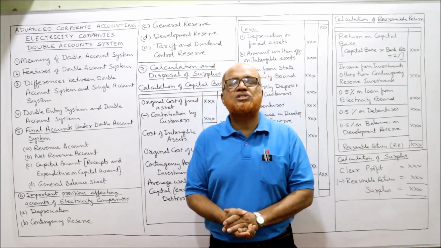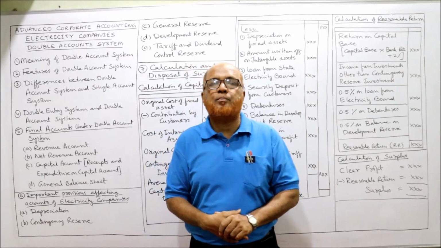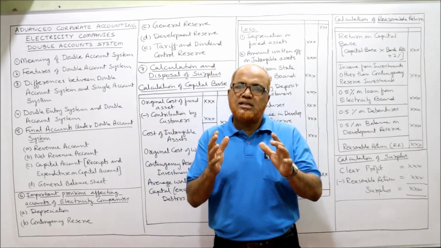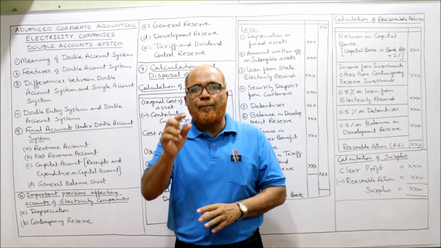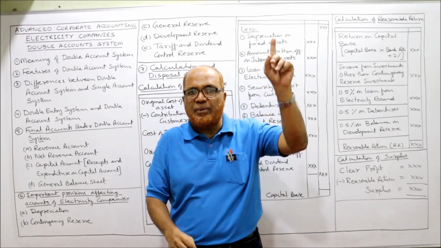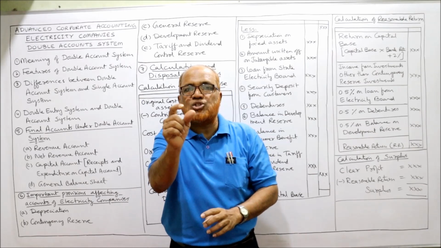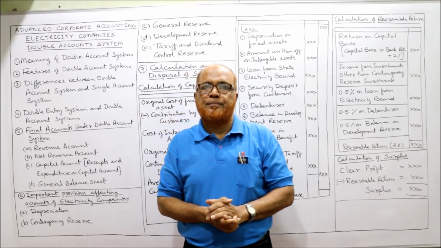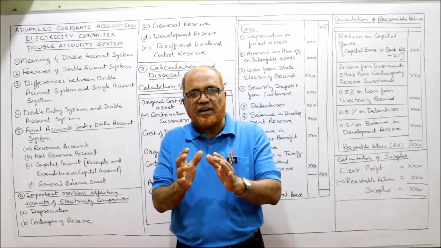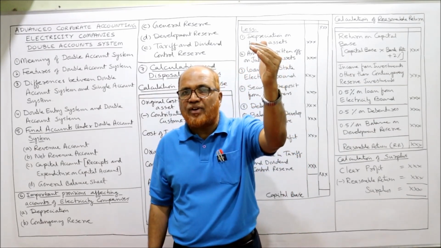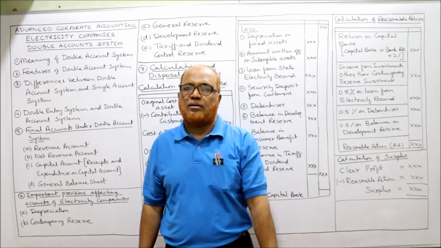Net revenue account is just like profit and loss appropriation account. In this net revenue account, on the credit side, we take the balance of net revenue account brought forward from the last year. Then the next one is the balance transferred from current year revenue account.